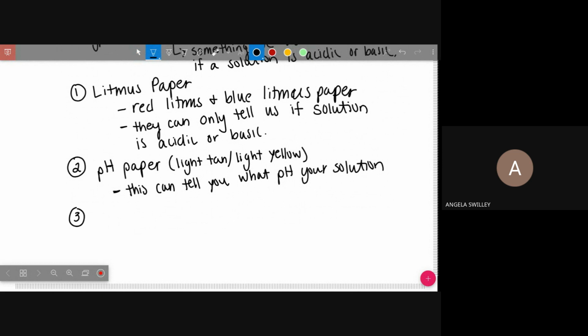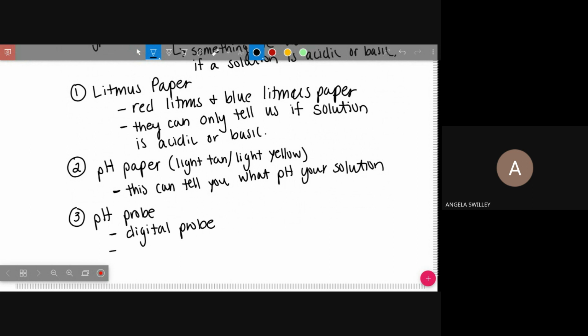And then our third indicator is a pH probe, which is a digital probe similar to a thermometer that you can put into a solution. It is not a thermometer, but it's like that, where you can put it in a solution and find the temperature of it. That's what thermometers do. This one, you can place in a solution and find out the pH of it.